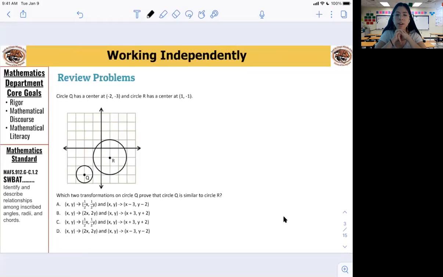This is transformations on Circle Q. All right, take 30 more seconds.